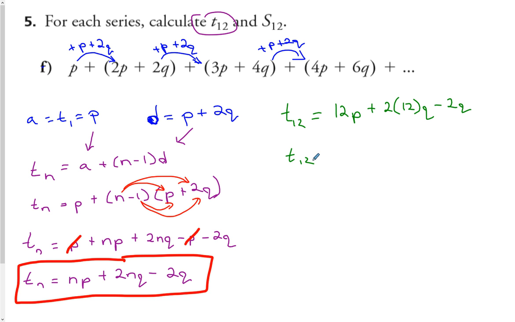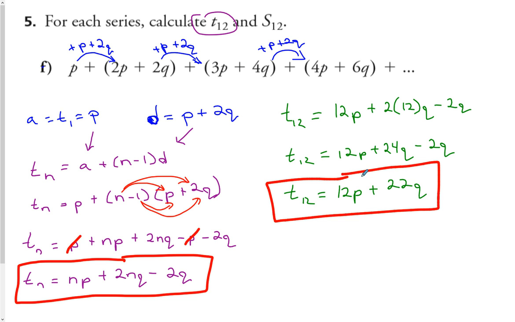Simplifying this a little bit, 2 times 12 will be 24. And now I can add my q terms together. I've got 24 q's, and then I've got minus 2 q's. So 12p plus 22q. That's my 12th term.